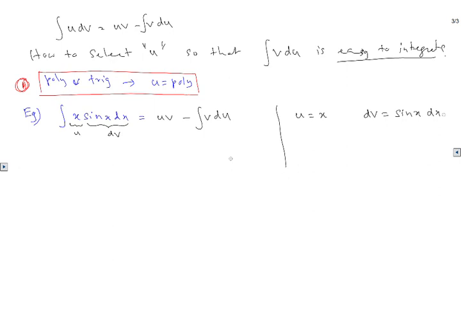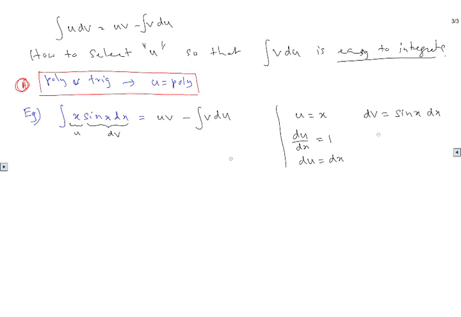After we write these two, we take the derivative of the first one. So du over dx equals 1. If you cross multiply, you can write du equals dx. So we take the derivative of the first one and the integral of the second one.